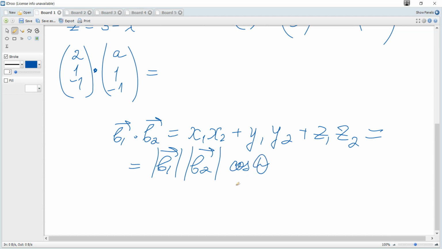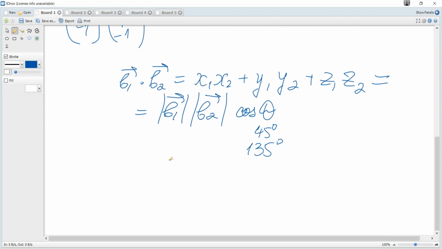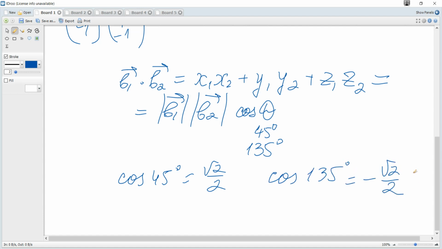For this problem, the angle may be 45 degrees or 135 degrees, and we know that cosine of 45 is √2/2 and cosine of 135 degrees is -√2/2.